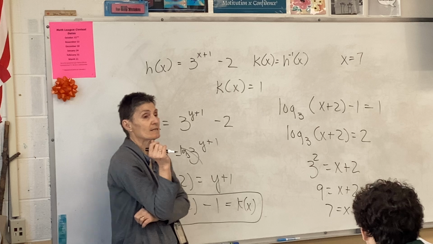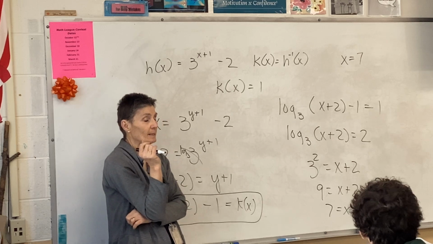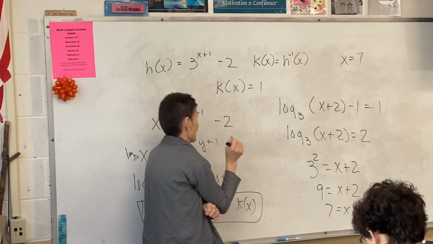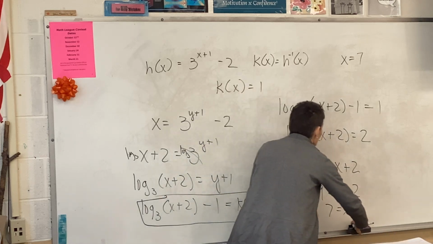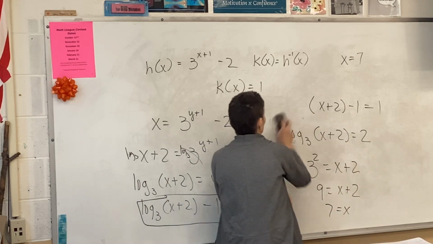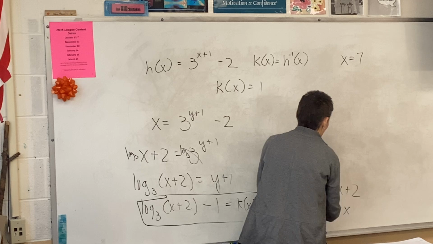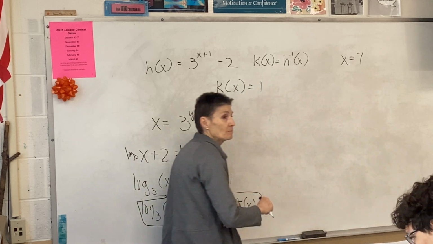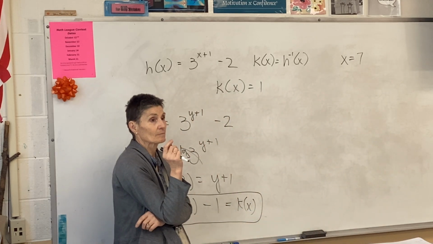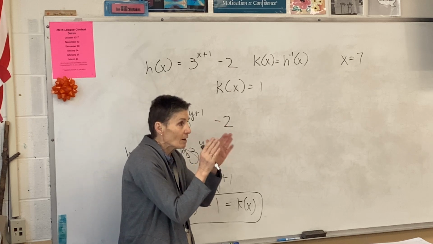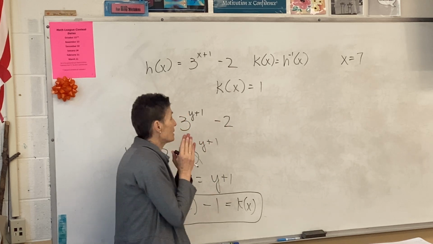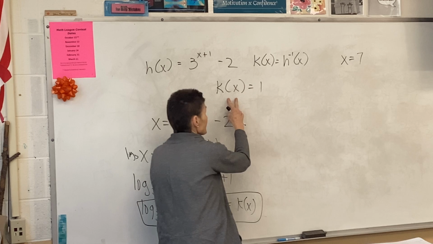Did anyone have a different strategy? Alex? So I knew that it was setting y equal to 1 on the inverse, so then you set x equal to 1 on the original problem. Bingo. K is the inverse.